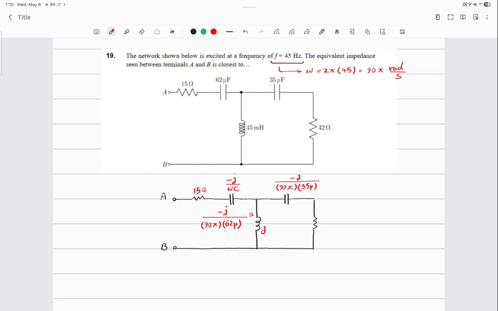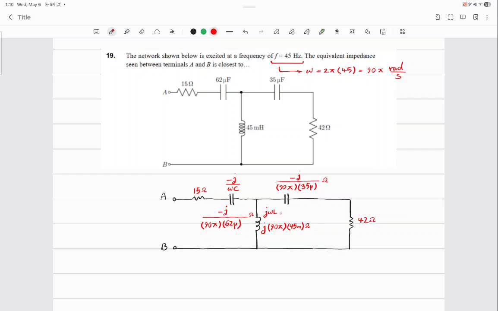This is j 90 pi, 45 milli ohms. Which is actually j omega L, if you remember. And the other one is 42 ohms.